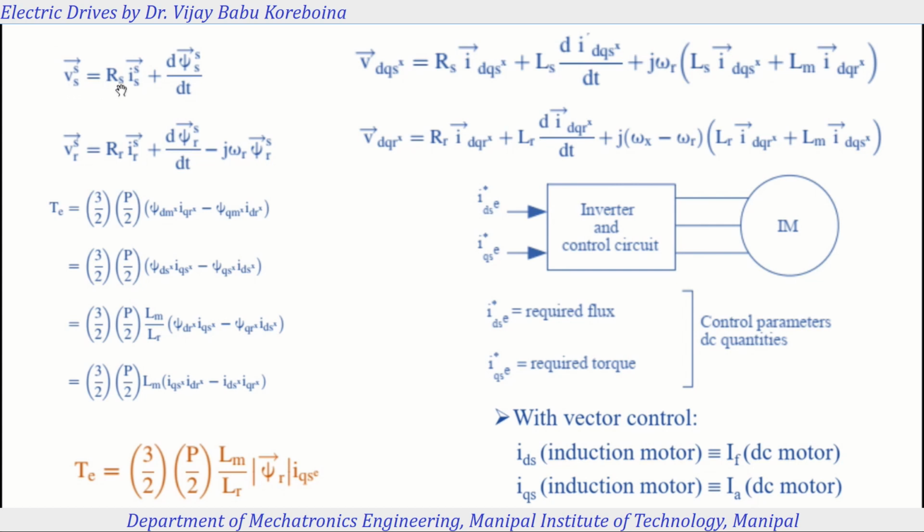Voltage is equal to R into I plus d phi by dt, the flux. This entire equation is the stator equation. Likewise, we have the rotor equation. These are the normal rotating vectors. The three-phase rotating vectors are transferred to 90-degree quadrature rotating vectors.